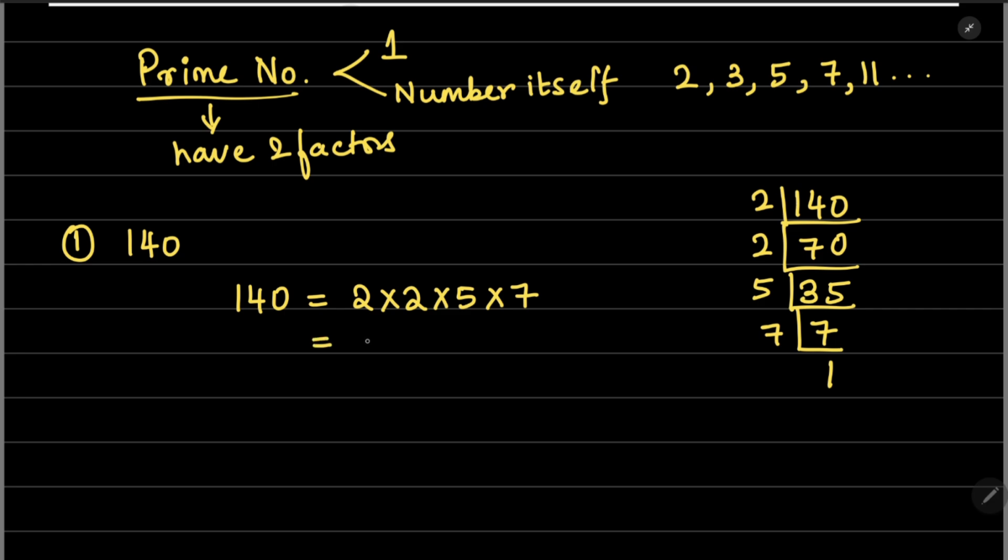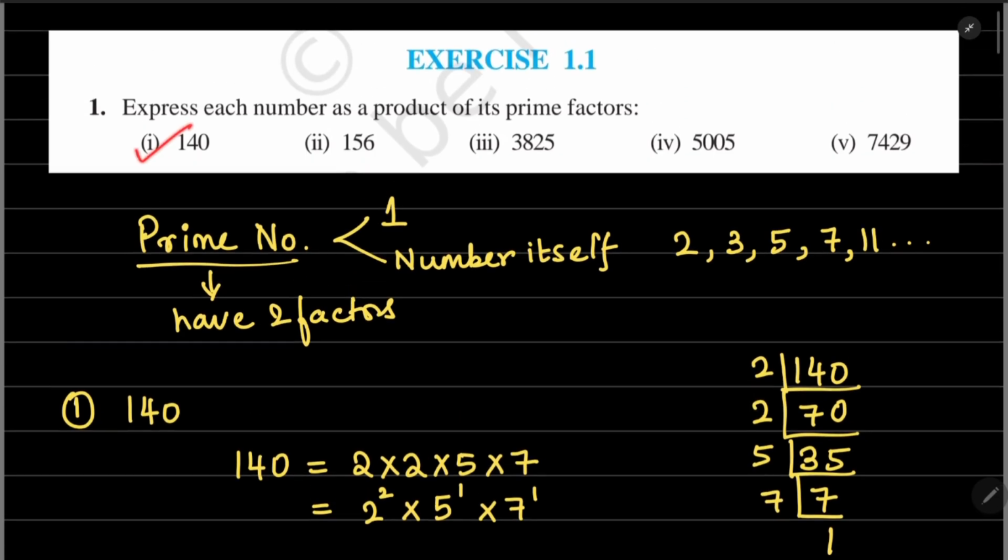I can write this as 2 square multiplied by 5 raised to the power 1 multiplied by 7 raised to the power 1. So you have expressed 140 as a product of primes, namely 2, 5 and 7. This is the answer for the first question.